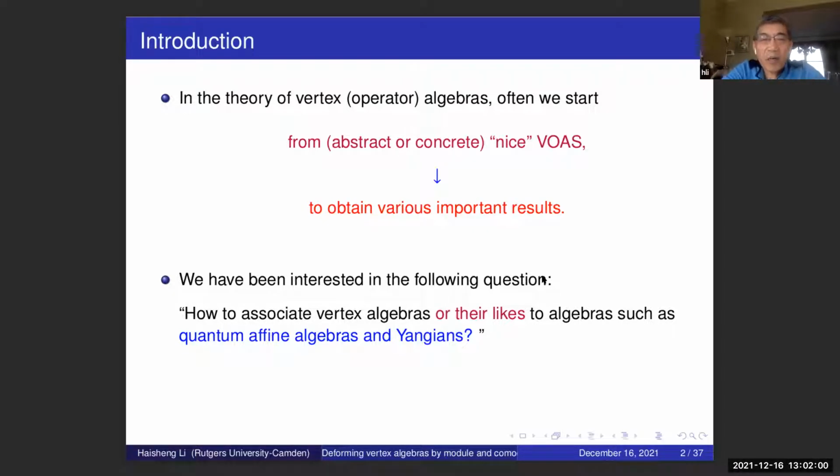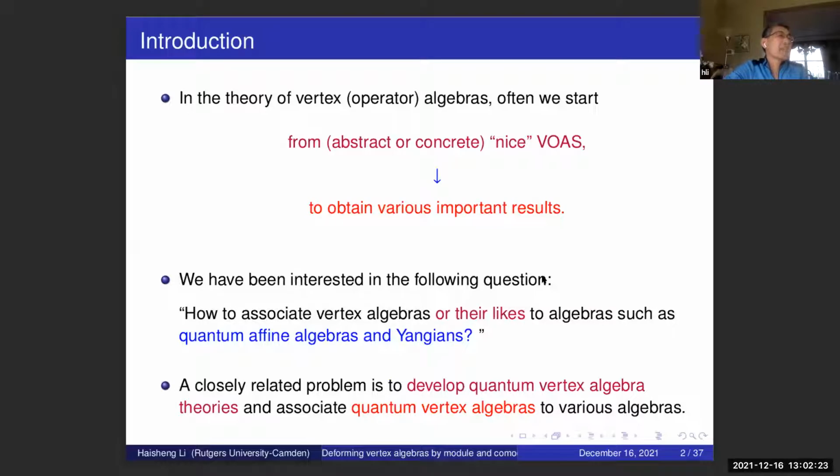This is the question raised by Igor Frenkel and Naihuan Jing in their work after they did the vertex operator representation for quantum affine algebra. In their paper, they raised the question, so I have been interested in trying to get something done.